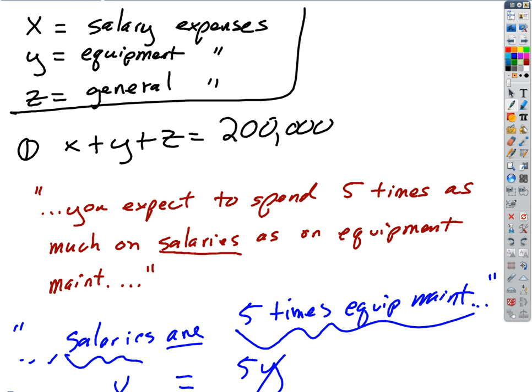I could multiply this first one through by 100 if I want to: 100x plus 100y plus 100z equals 20 million. And it's fine. The solutions are going to be the same. Okay? So multiplying by -1 and changing the signs doesn't alter it at all. Okay?